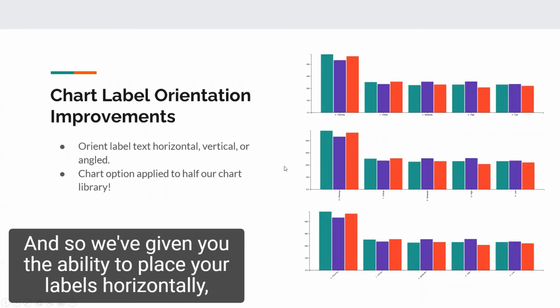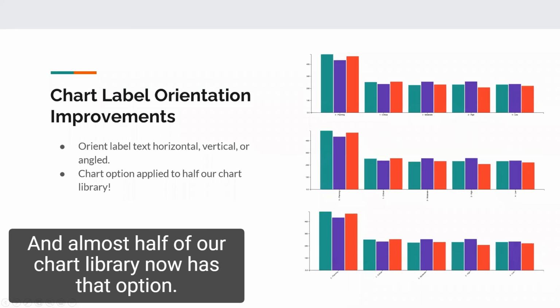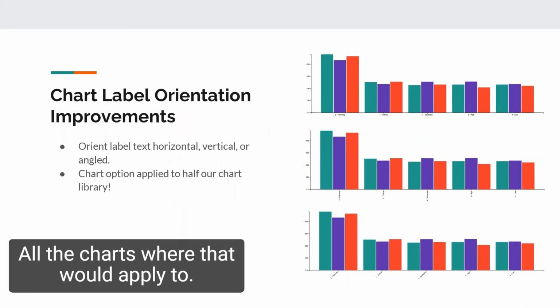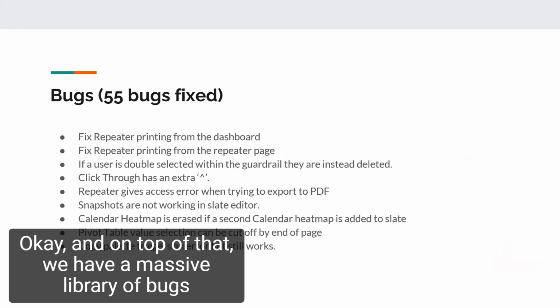And so we've given you the ability to place your labels horizontally, vertically, or at an angle. And we've gone through, and almost half of our chart library now has that option, all the charts where that would apply to.